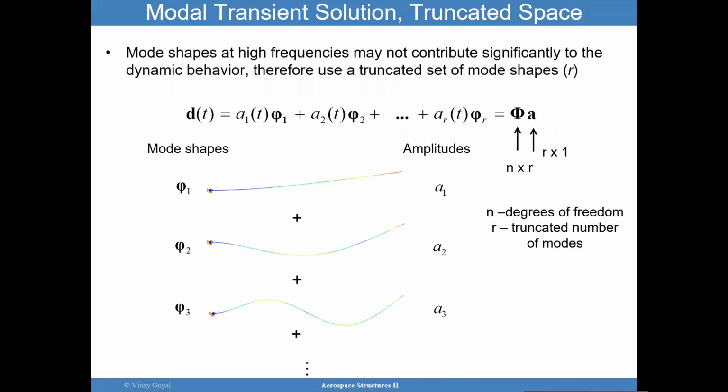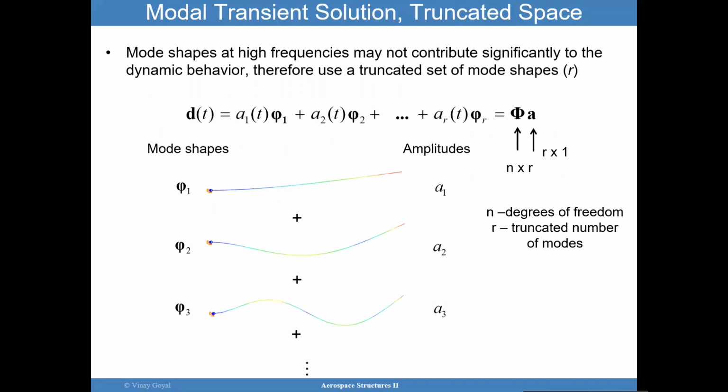And so going here, what if I say that the deflection of the system only depends on a handful of mode shapes, not the whole range of mode shapes and frequencies, but just a truncated set of mode shapes? Why is that?